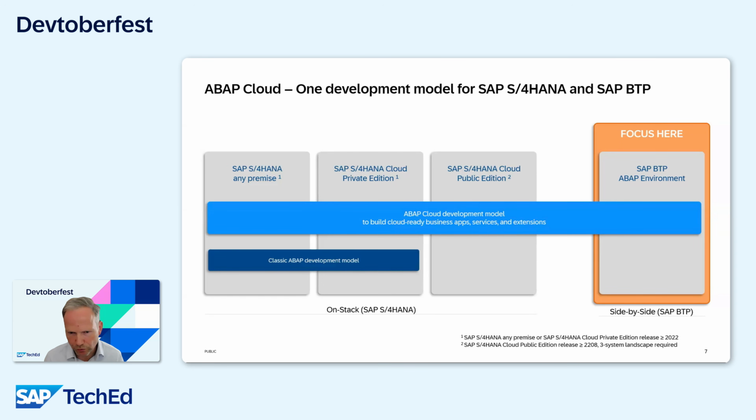But ABAP Cloud is also delivered by different S/4HANA products, namely S/4HANA Cloud Public Edition, where ABAP Cloud is mandatory and enforced. But there are also other products, the S/4HANA Cloud private edition, but also S/4HANA on-premise, where ABAP Cloud is supported starting with release 22, but in those two products the classic ABAP development model is also possible.